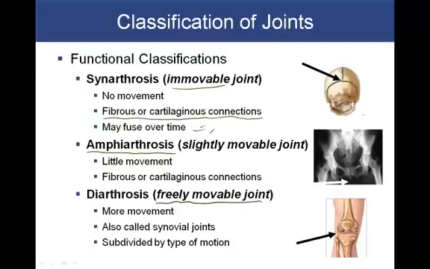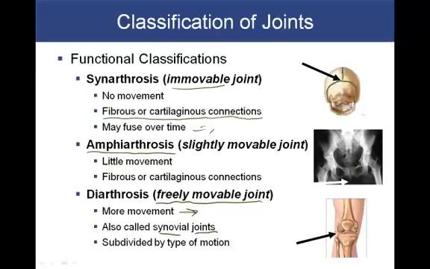Well, you might not refer to it, but when we think of joints, the knee joint, the shoulder joint, these are all diarthroses. They allow for a tremendous amount of movement. They're also known as synovial joints, and we'll divide these based on their type of motion.